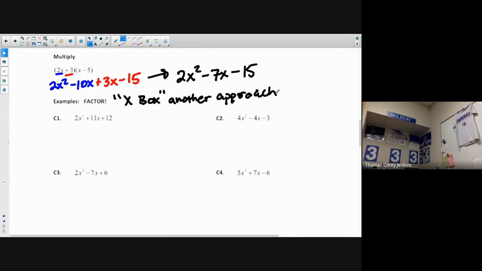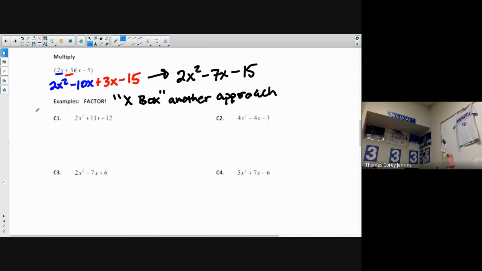A lot of kids like this, especially in Algebra 1, and you might have learned that way. I don't mind at all if you use the Xbox method, but I'll show these in a factoring by grouping kind of way. All right, so we want a combination of numbers that multiply to 12 times 2.